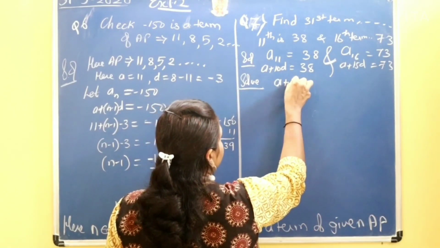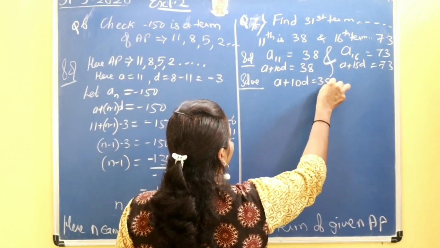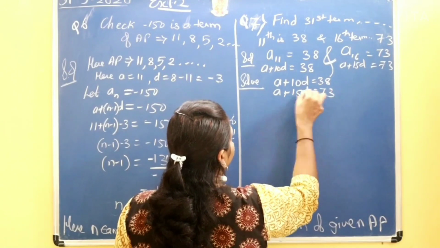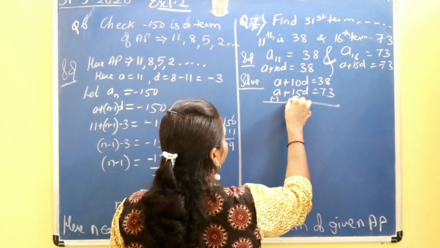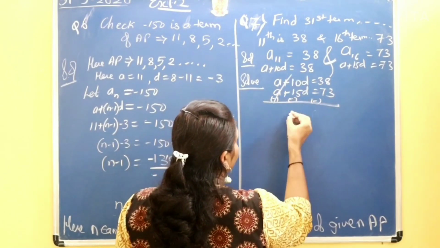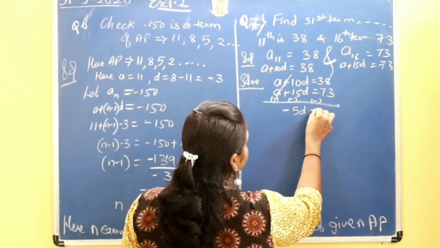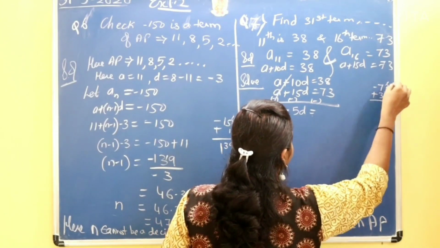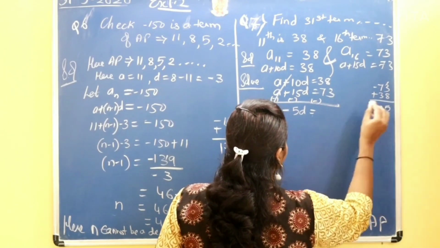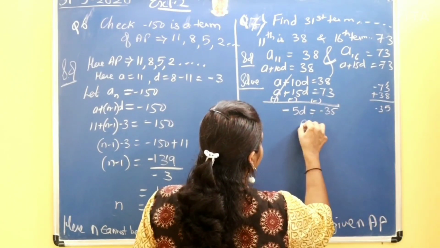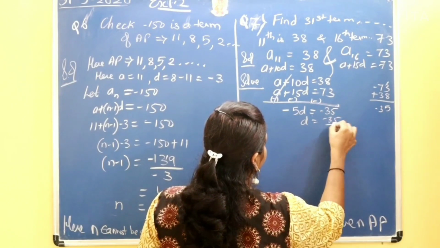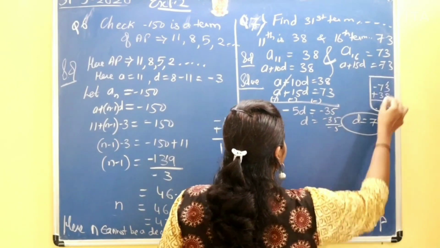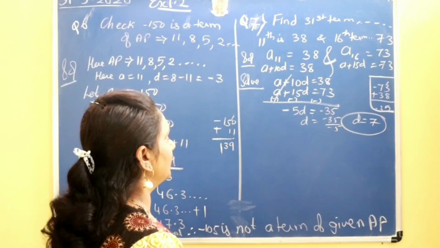A plus 10D equal to 38, A plus 15D equal to 73. So we get minus 5D is equal to minus 73 plus 38, minus 35. So D is equal to minus 35 divided by minus 5. D is equal to plus 7.